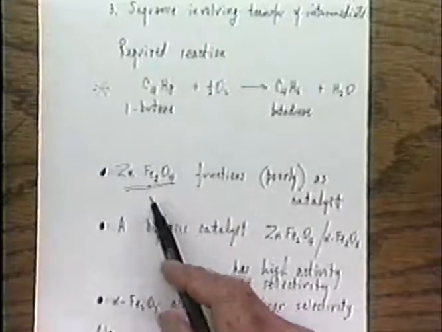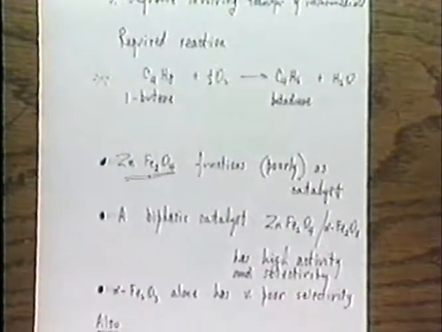It happens, although I guess you couldn't have predicted it, that zinc ferrite, which contains iron 3, is almost totally irreducible, very difficult to reduce.